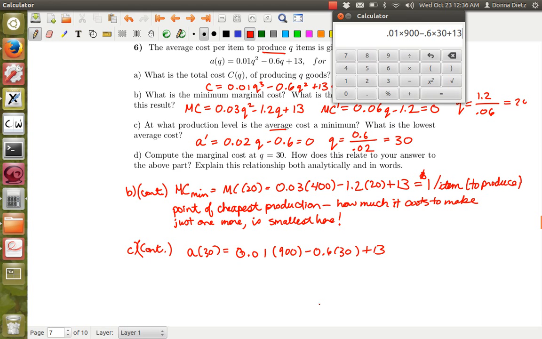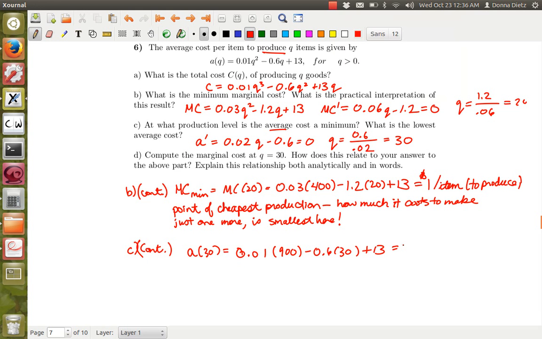Did I get that right? There we go. That's 4, and what's average is dollars per item. Just to remind ourselves, it's an average. So the lowest average cost is $4 per item.